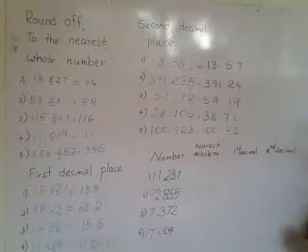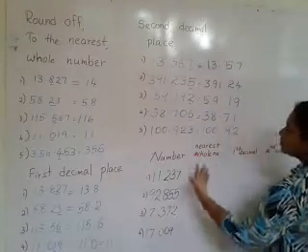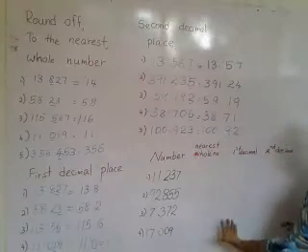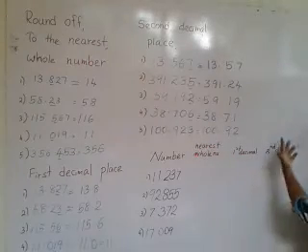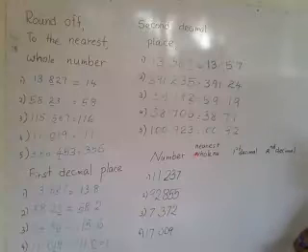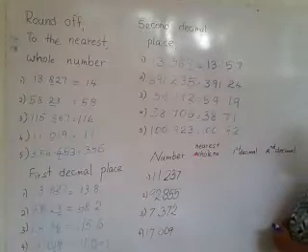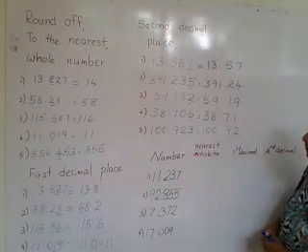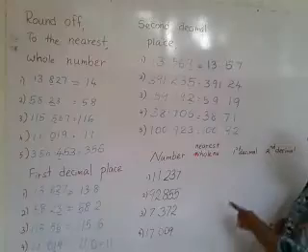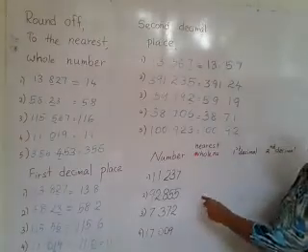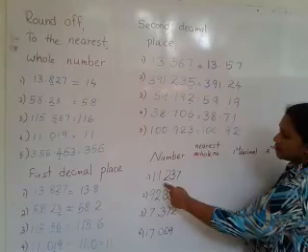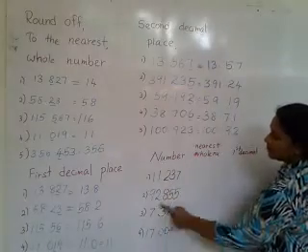Now the numbers are given. We must consider the nearest whole number value, first decimal place, and second decimal place. 11.237. Here we must consider the whole number, so we take the first decimal, 2.